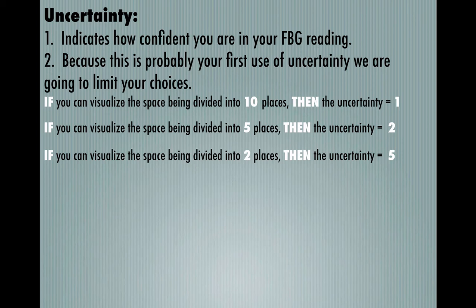It's not bad. I don't have as much confidence as I would have if I had a 1. And 5 means, yeah, this could be anywhere really between, and I'm not really confident, so my uncertainty is going to be larger.